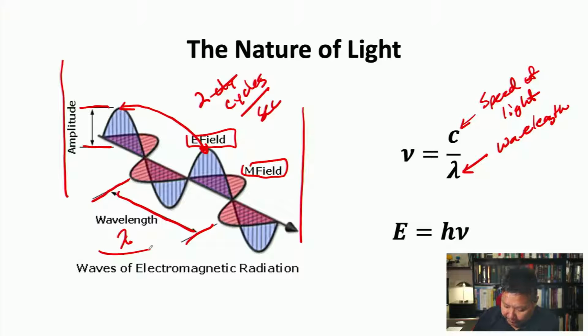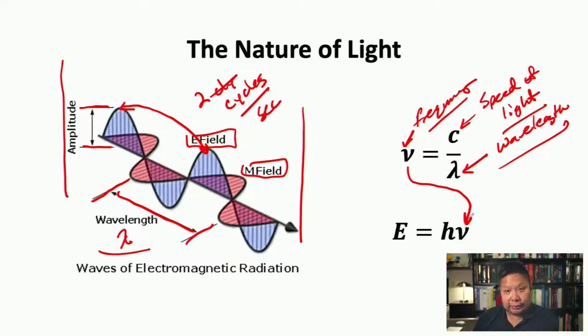And when you have the speed of light, which is a constant, and you have the wavelength, you divide the speed of light by the wavelength, and you get nu, which is the frequency. Then you can take the frequency and plug it in over here in E equals h nu, right?